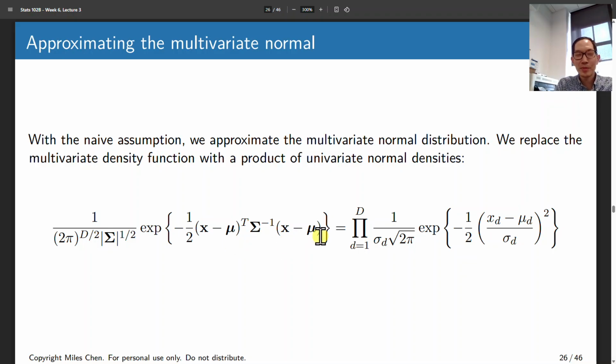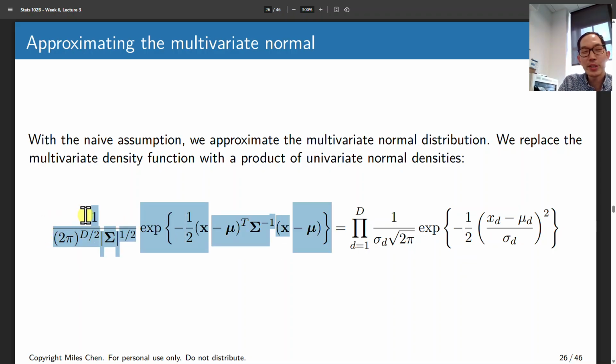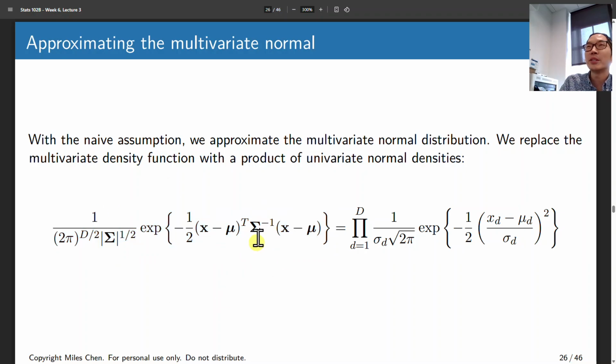And so my multivariate normal PDF, because we're going to assume everything is independent, simplifies to a product of univariate densities, okay?